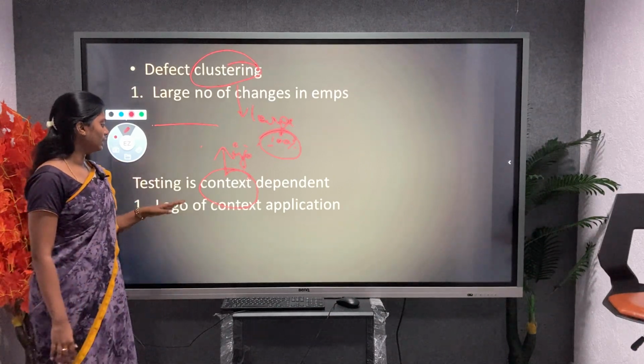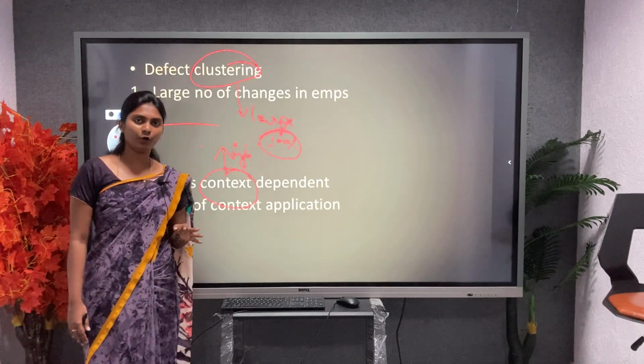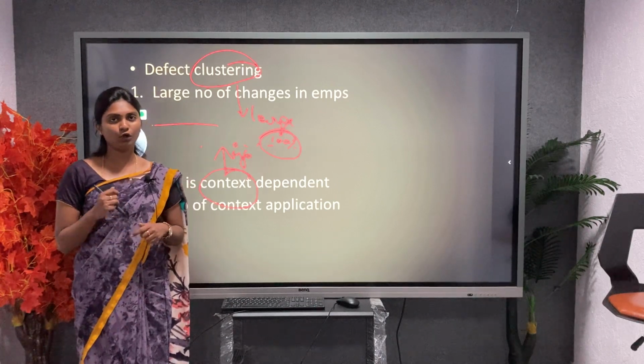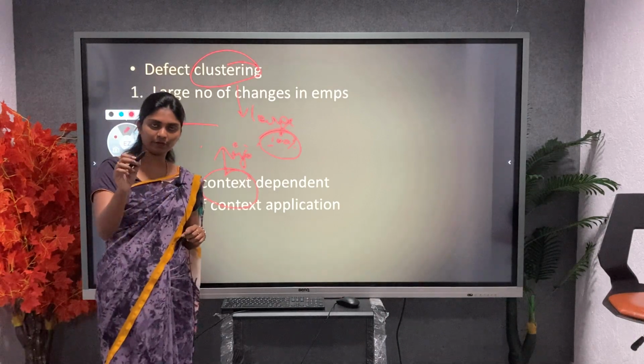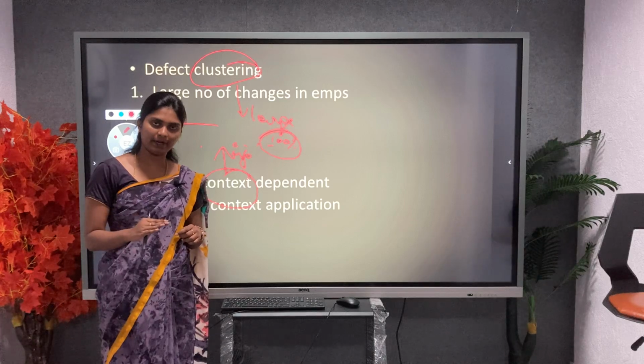For example, take a banking system with a banking logo. What information is given by the State Bank of India logo, right?